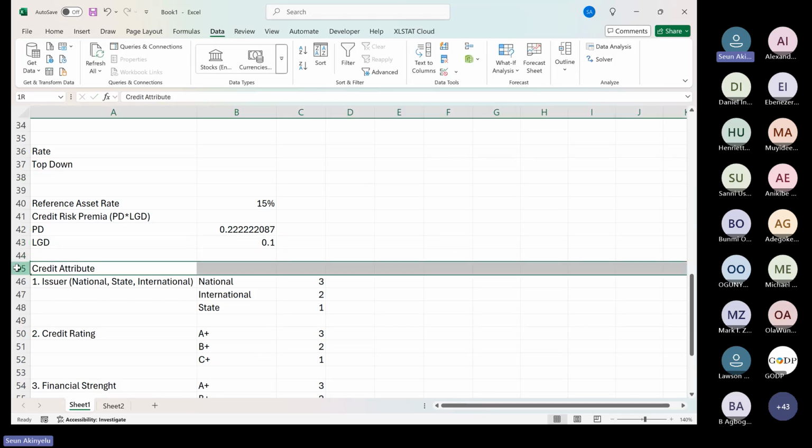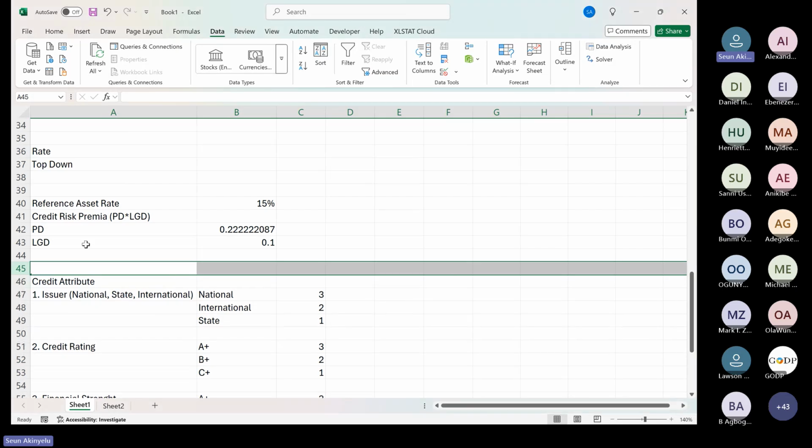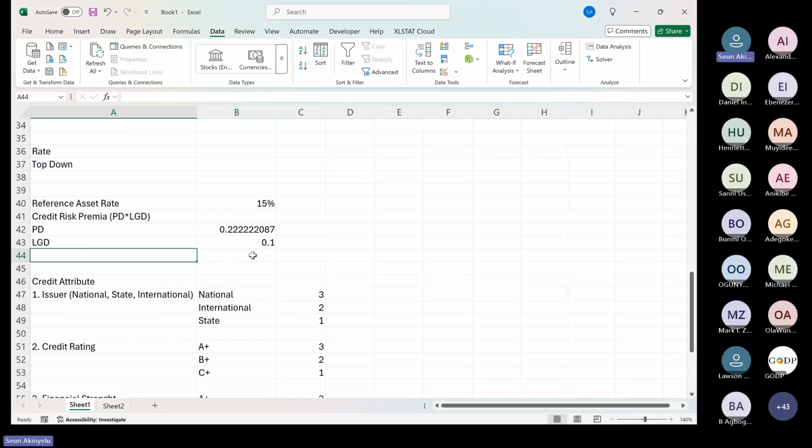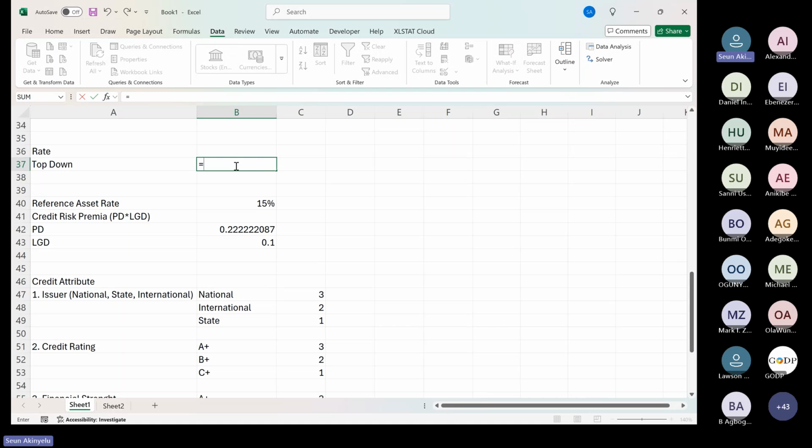So using top-down as our approach, it will be calculated as reference rate times open bracket 1 minus the credit premium. Remember, the credit premium is PD times LGD, so that is the credit risk premium in this case.